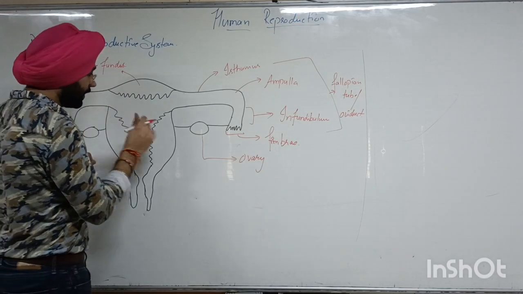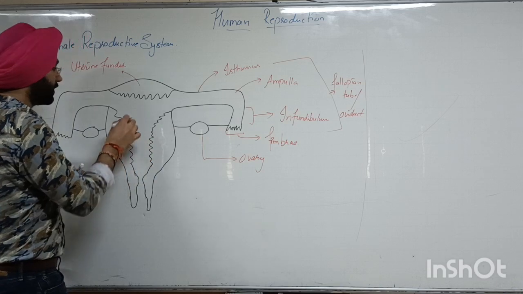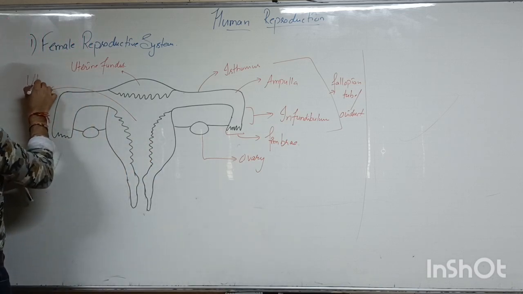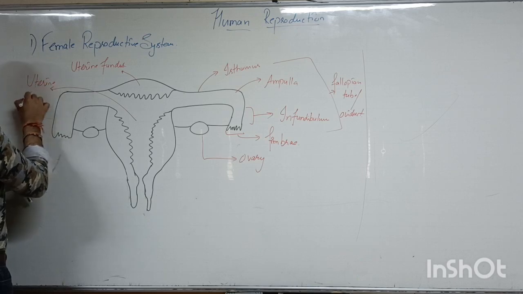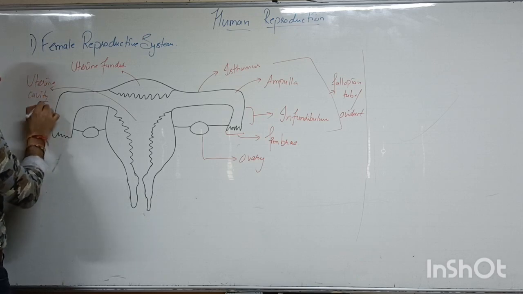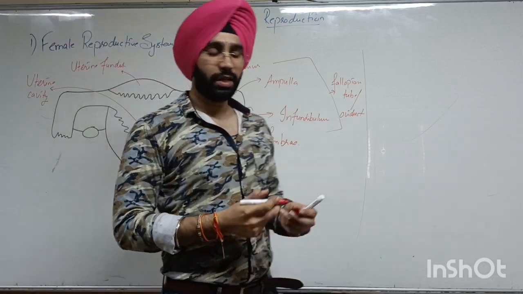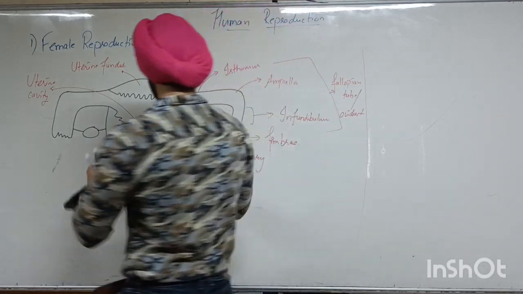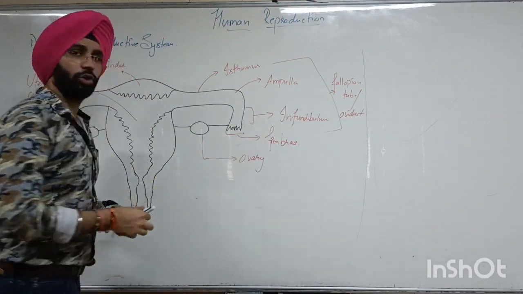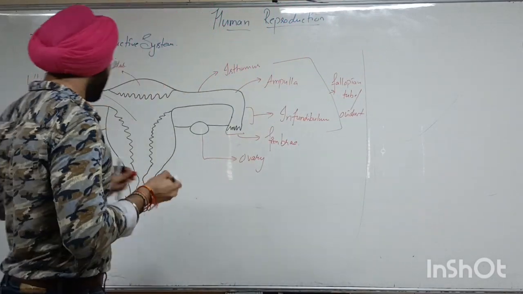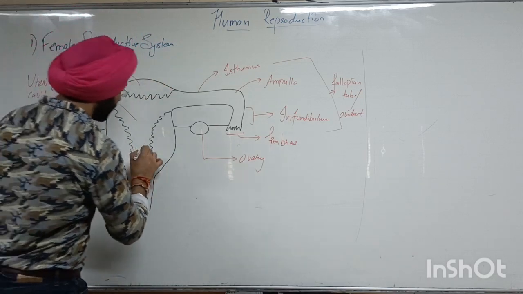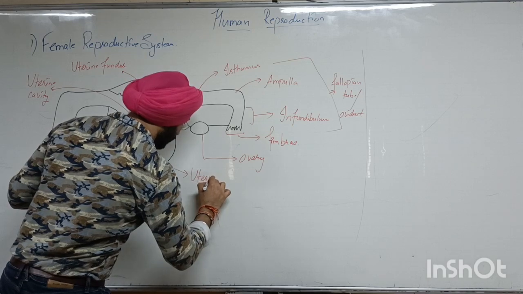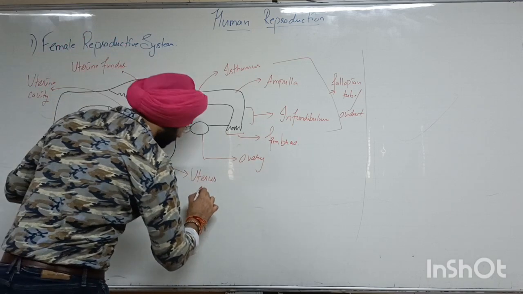First of all, we need to understand this is the uterine cavity, and there are three layers present in the uterus. This part with the cavity is known as the uterus, and the uterus has three layers.